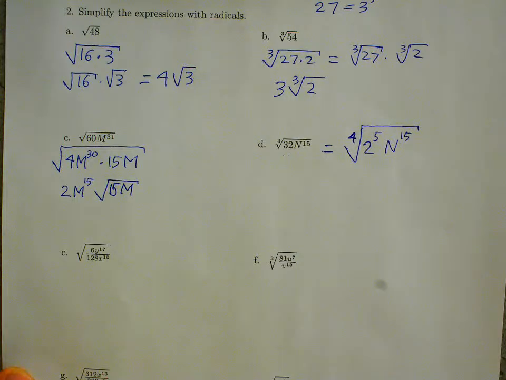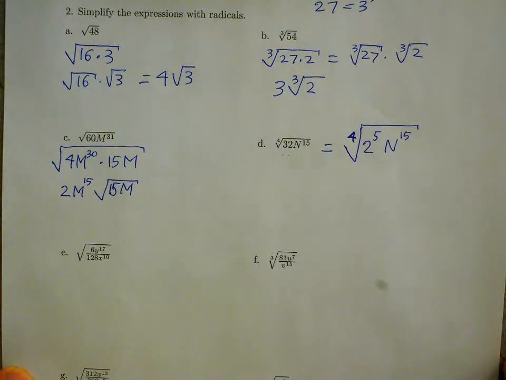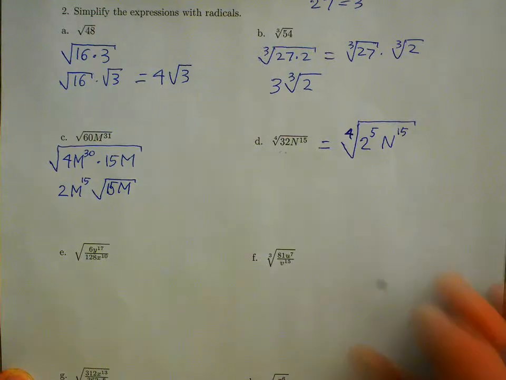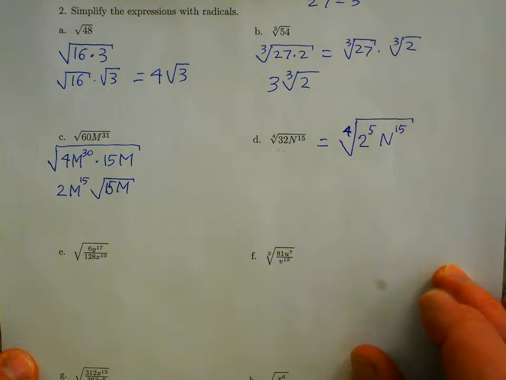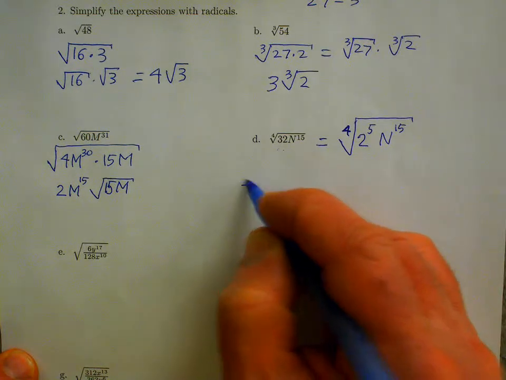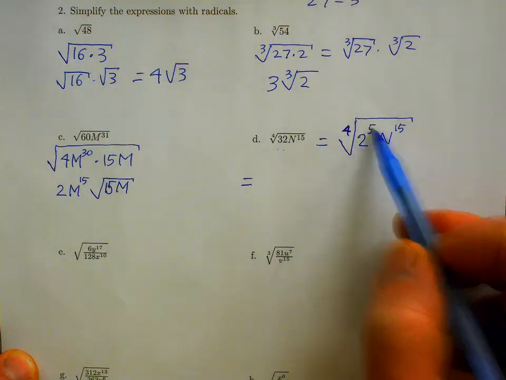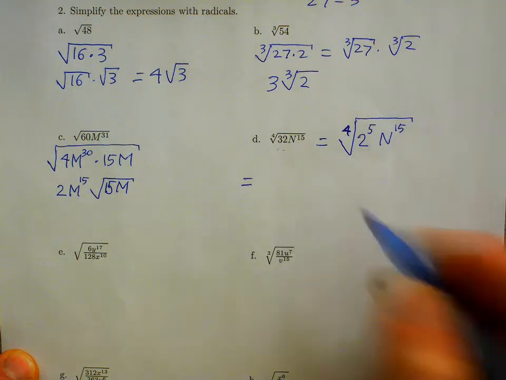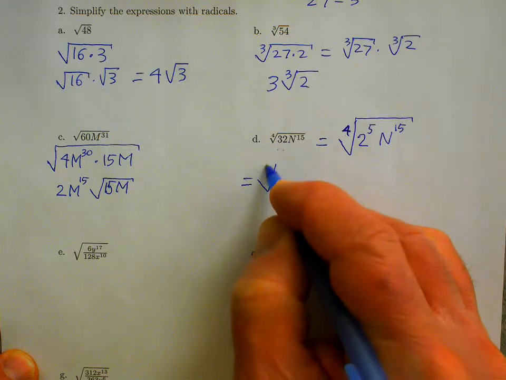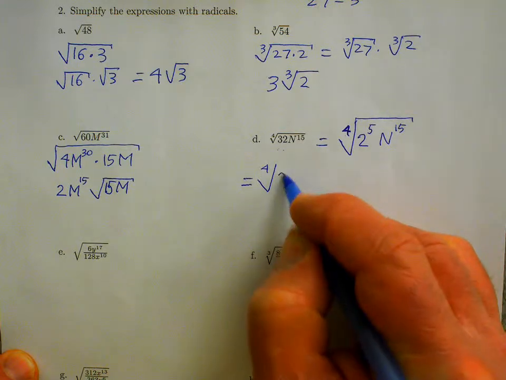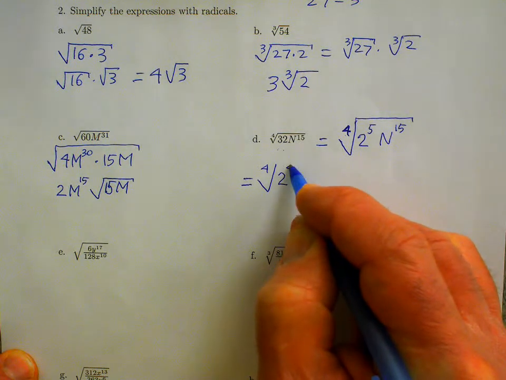It's 16, but another way to represent 16 is 2 to the 4th. And the exponent 4 is a multiple of 4. So we can rewrite the fourth root of 2 to the 5th times n to the 15th as the fourth root of 2 to the 4th.